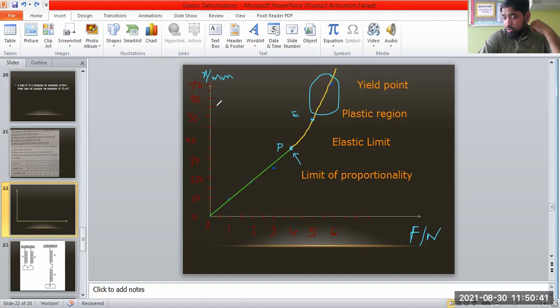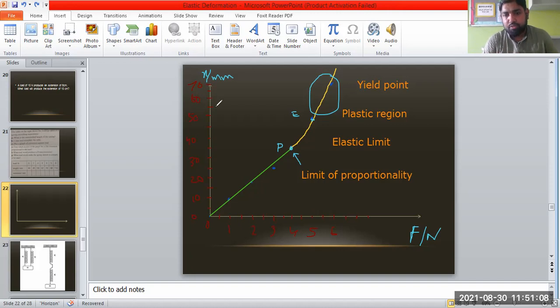तो ये आपने कभी खुद भी ऑब्जर्व कर सकते हैं, अगर आपके पास कोई वायर है आप उसको एक्सटेंड करें, if you are applying a smaller force it will regain its original shape after removing the force, लेकिन अगर आप उसको ज्यादा एक्सटेंड कर दें तो वो बहुत ज्यादा लॉन्ग हो जाती है वायर. So what happens is that with smaller force extension is more in the plastic region, and then at the end of the plastic region you have some yield point.